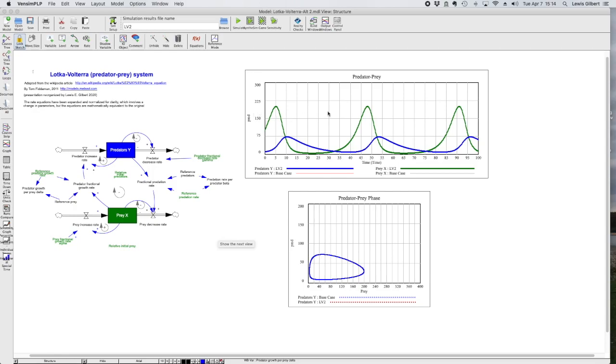Over here, in this graph, is the time series of the predators and the prey. The predators are in blue, and the prey are in green. So these are lynx, and these are rabbits in our terminology.